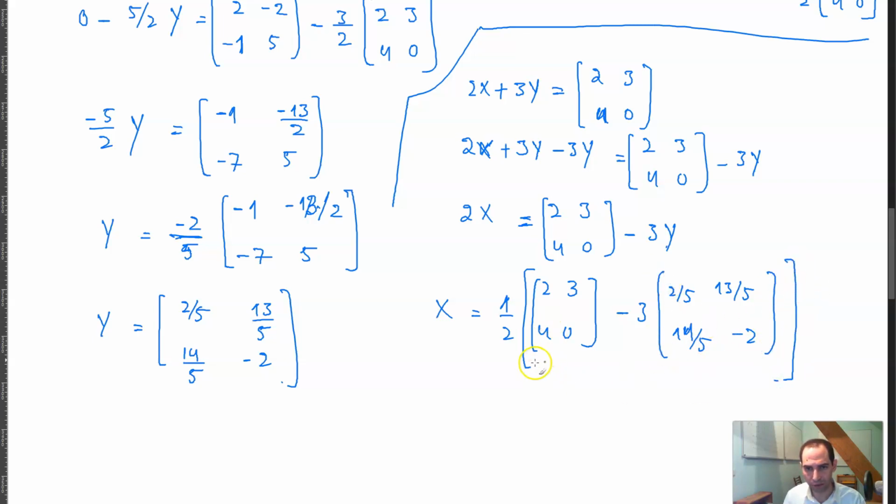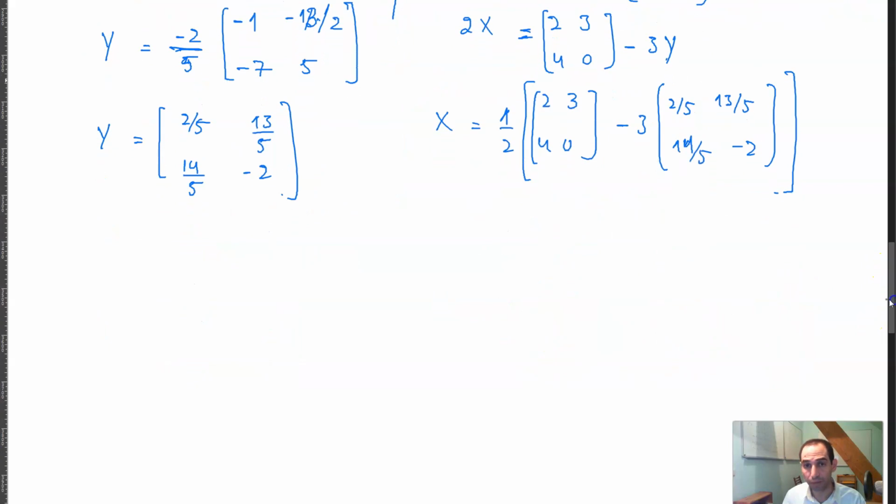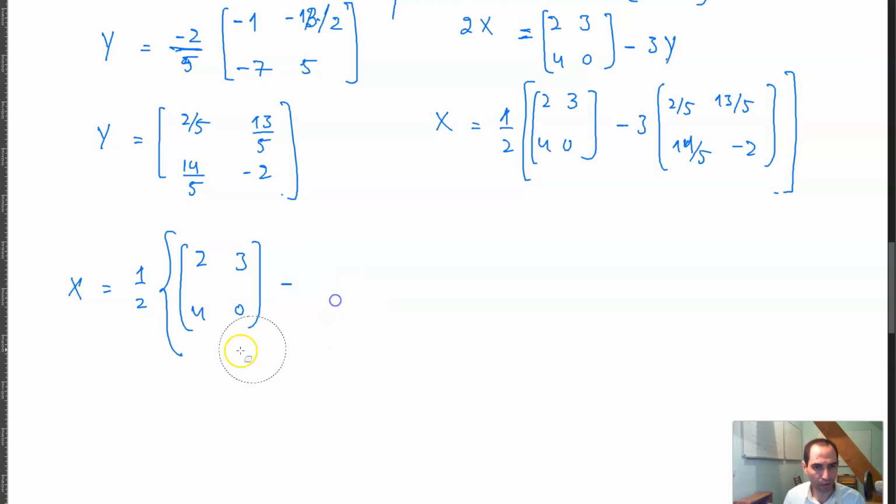And then you can calculate this pretty easily, so x is equal to 1/2 times 2340 minus 3 times, so 3, I can multiply it.